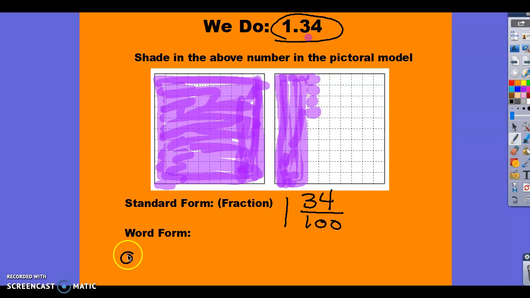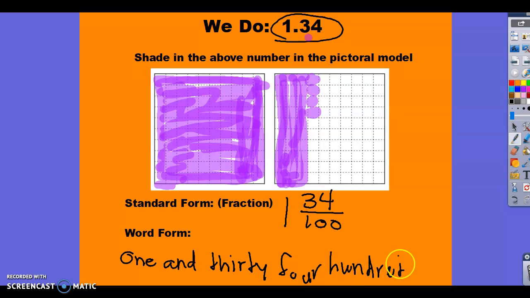You should have 1 and 34/100. Check and make sure. And yes, my handwriting is atrocious on the board, but it is 1 and 34/100 -ths. That last digit tells you which value to put.